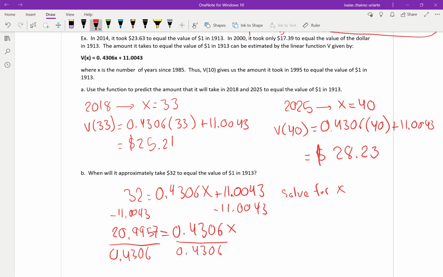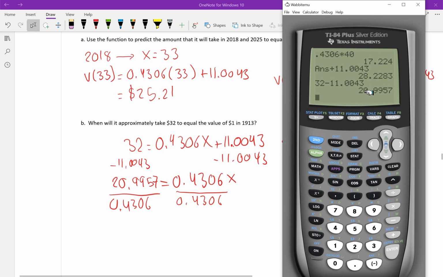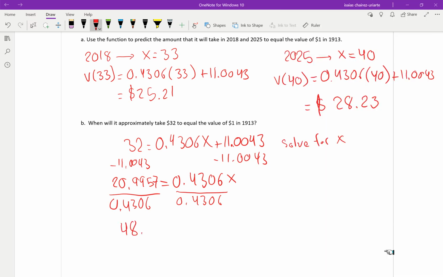Okay, so let me use my calculator to finish this. I have already the value 20.9957 right there on my calculator. I'm gonna say divided by 0.4306. Enter. And I get almost 49, so 48.7.